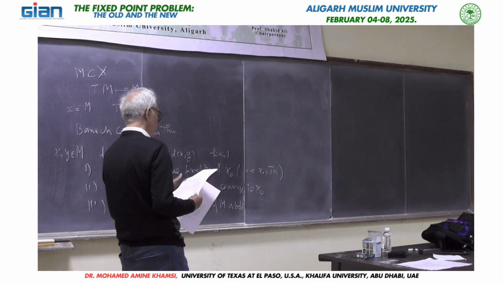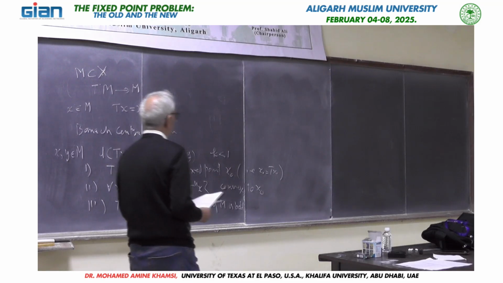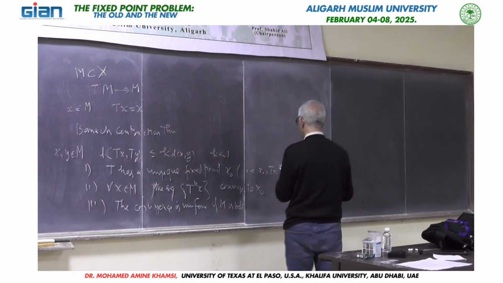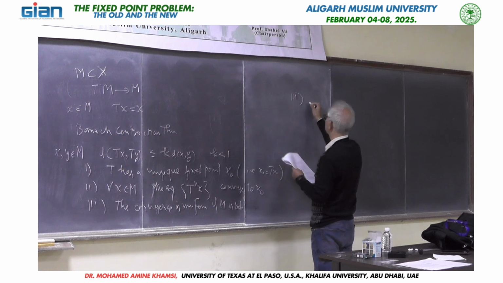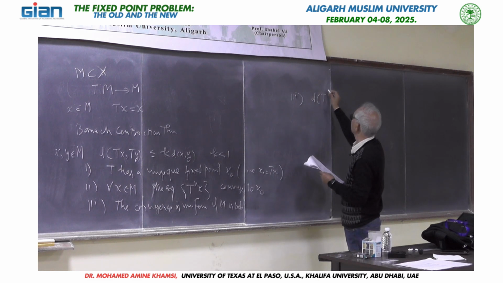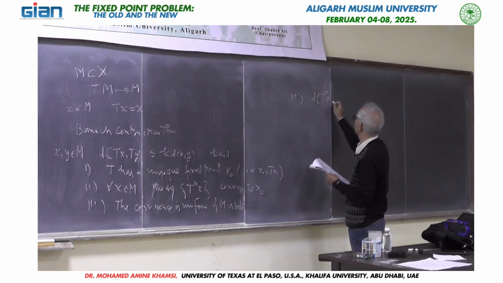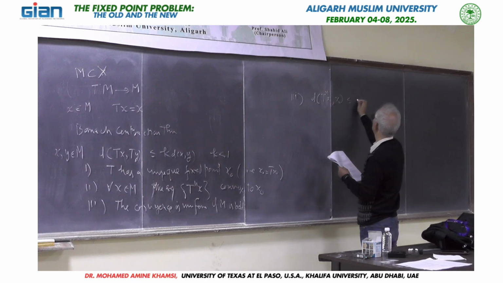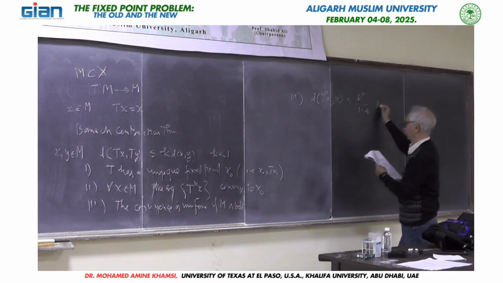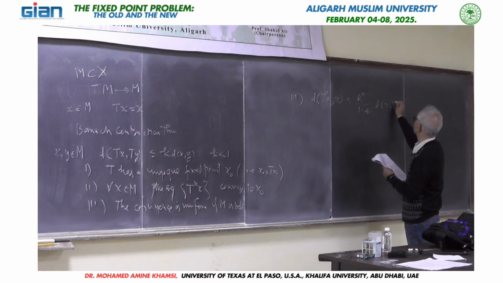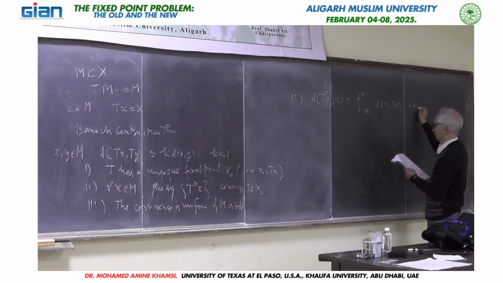This third can be actually broken into parts, and we will prove all these things. The first one is that d of T^n x, x0 is less than or equal to k^n over 1 minus k times d of x, Tx, for any x in M and n greater than or equal to 1.